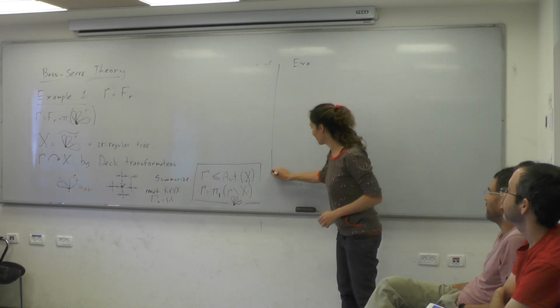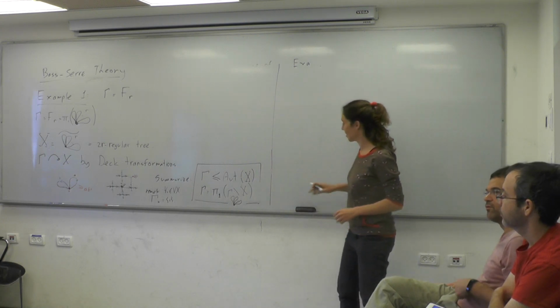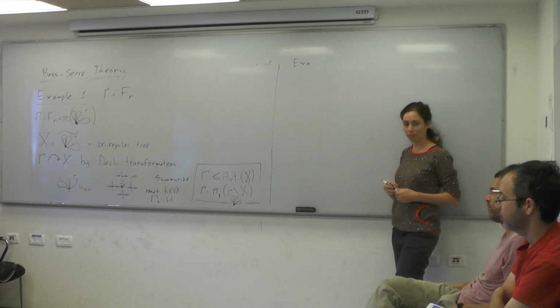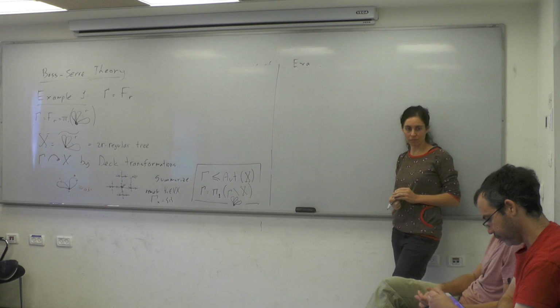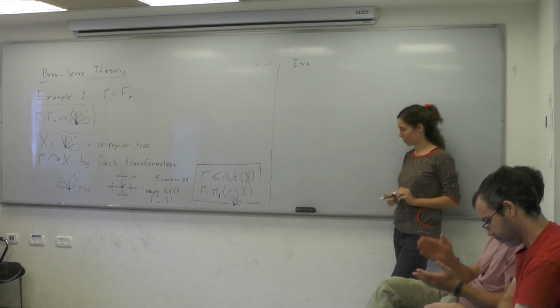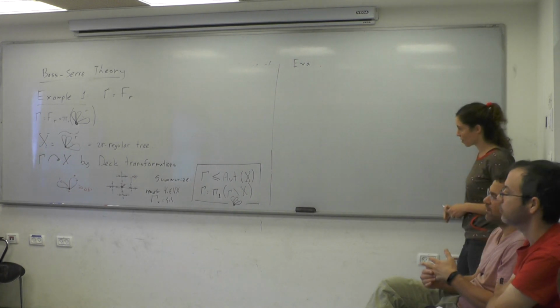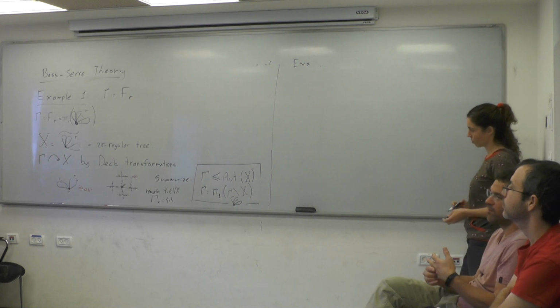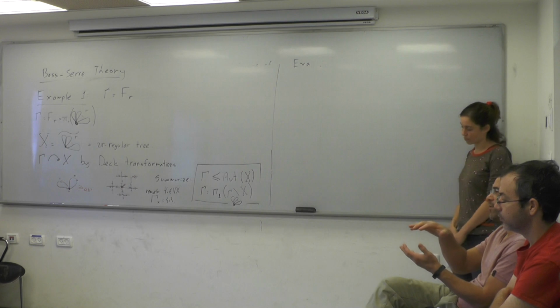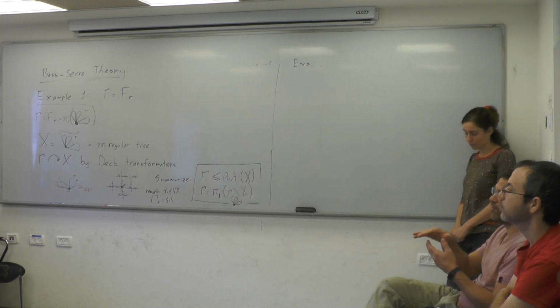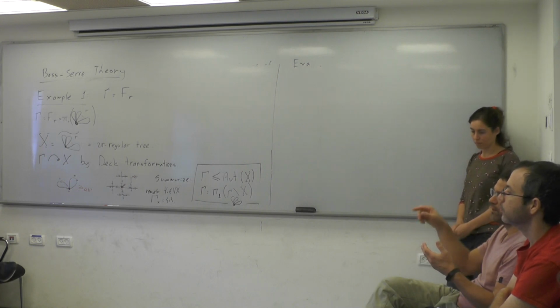Another natural example is the character variety. When you look at all the representations of a given group, where gamma is a finitely generated group and G is an algebraic group, and you look at Hom(gamma, G), that's an algebraic variety. Because gamma is generated by, let's say, n elements, you can embed Hom(gamma, G) in G^n.